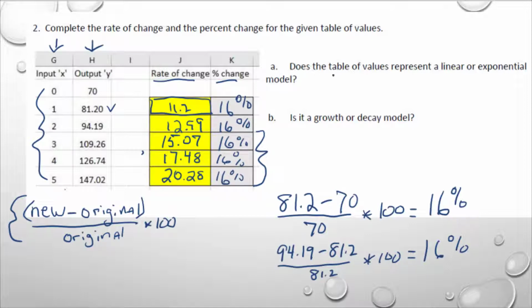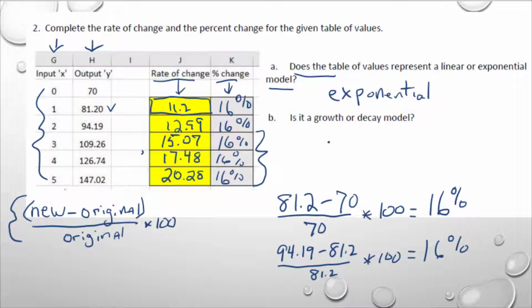Does the table of values represent a linear or exponential model? And the answer is exponential. Why? Because the percent change is the constant factor here. The rate of change is increasing all the time. So that's exponential.